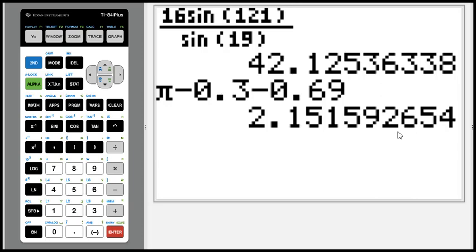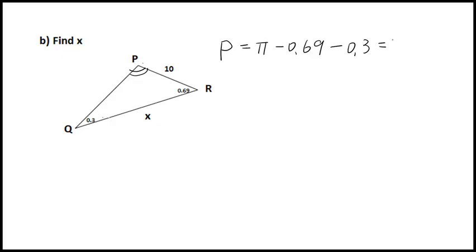For this answer, try to use the full answer because this is the middle answer. It's not the final answer. So I will write down 2.1515. That's angle P. Then we can write down the sine law.